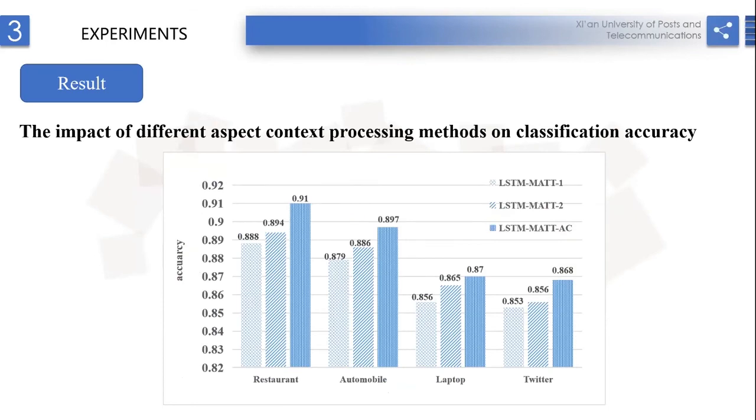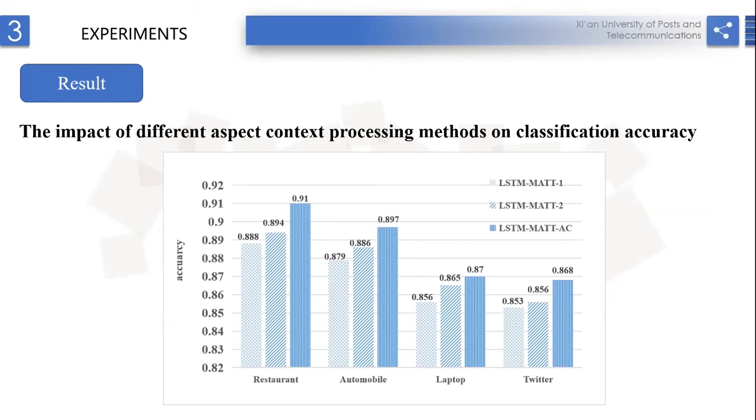To study the impact of the aspect context model on the accuracy of aspect sentiment classification, we construct 2 models named LSTM MATG1 and LSTM MATG2, which replace the aspect context model with another one respectively. Then the 3 LSTM MATG models were used to conduct another aspect sentiment analysis experiment on 4 datasets.